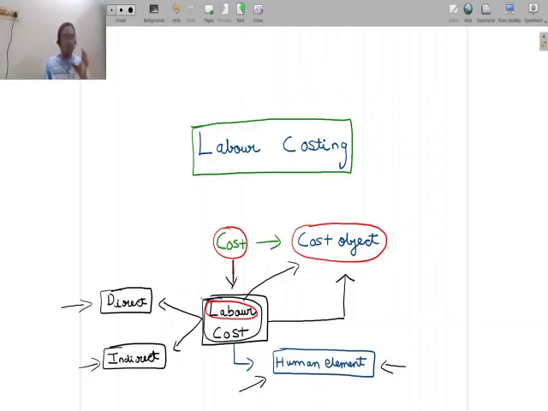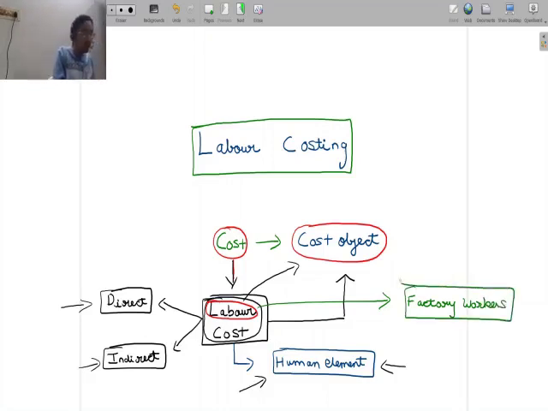When I use the word labor here, I'm having a bias towards factory workers. And when I say a bias towards factory workers, I do not have a personal bias. The chapter that we are discussing here has a bias towards factory workers for the simple reason that we are talking about cost incurred by a company to get work done.